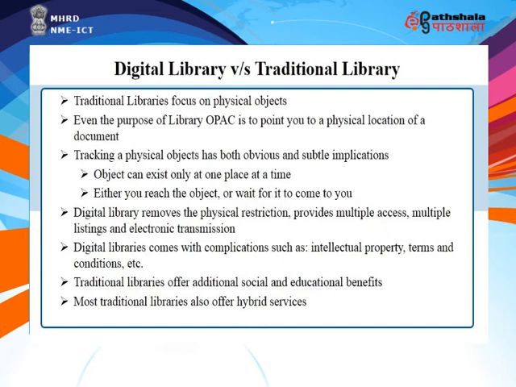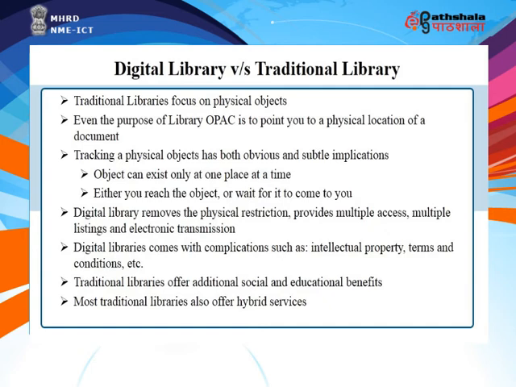Tracking a physical object has both obvious and subtle implications. An object can exist only at one place at a time. Either a user can reach the object or wait for it to come to him or her.